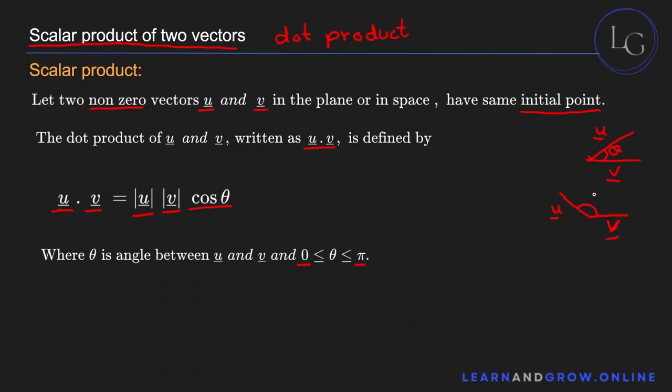Now, this is still an angle between them, but let's say this is vector v, and let's say this is vector u. You'll not take this as theta. No, that's not correct. This is theta, which is why theta must lie between pi and 0. Because once it exceeds this 180 degree mark, you'll take the short angle. So that's practically useless, right? It will always lie between 0 and pi.